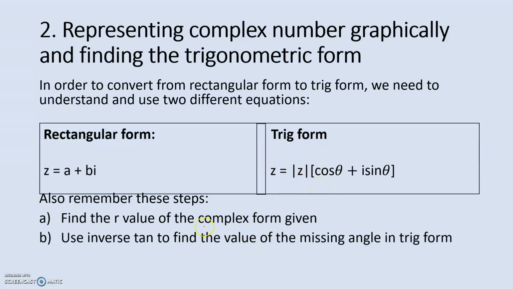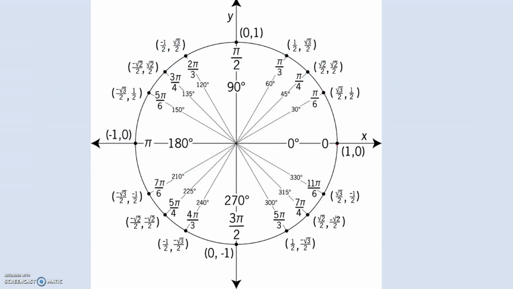The r is equal to the absolute value of z and the angle will be equal to theta. Once you plug the numbers in, you should get your answer. We're going to try a few examples. To do this, you need to have the unit circle memorized, or if your school doesn't require that, you need to have it out so that it's much easier.